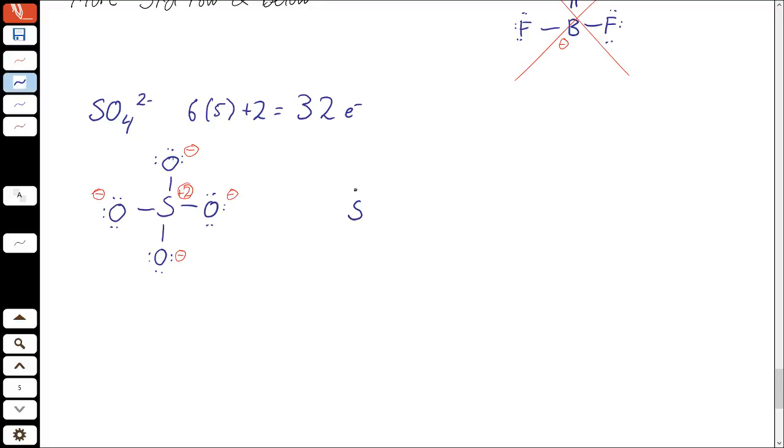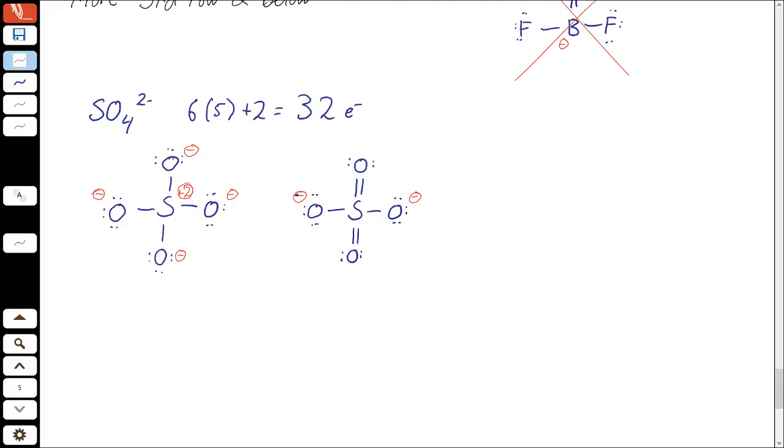Right, so we would shift some of those lone pairs into bonds. And it doesn't matter which ones you pick. If we do that and recalculate our formal charges, now we still have two 1- formal charges.